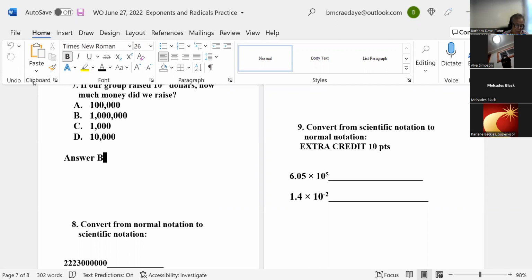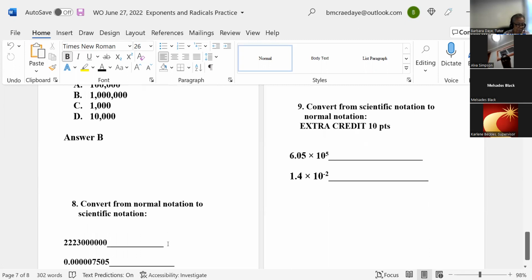I thought I gave you 2.2 times 10 to the 9th power. I have 2.2 times 10 to the 9th power on my paper. What you gave me that I looked at in your message was 2.10. I made a mistake. Okay, so Alva, what's the answer for number 8?